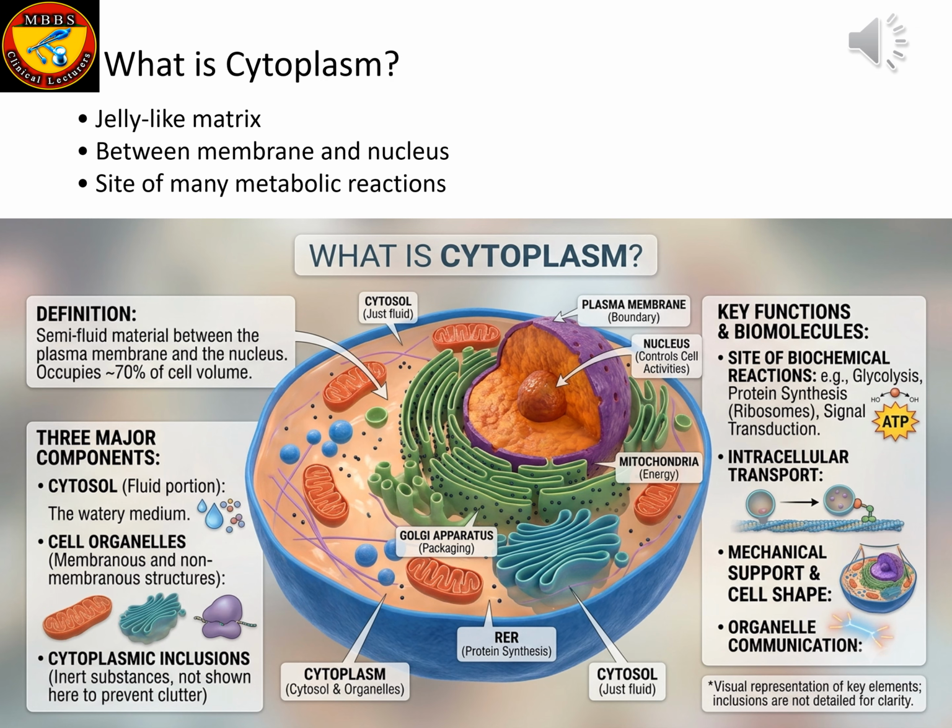The cytoplasm is the site of numerous biochemical reactions, including glycolysis, protein synthesis, intracellular transport, and signal transduction. It also provides mechanical support to organelles and helps maintain the cell shape. Without cytoplasm, organelles would not be able to communicate or perform their functions efficiently.